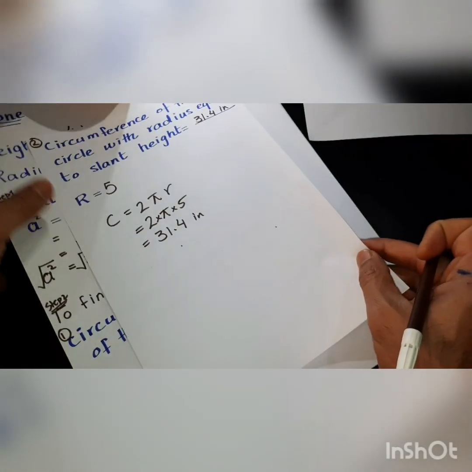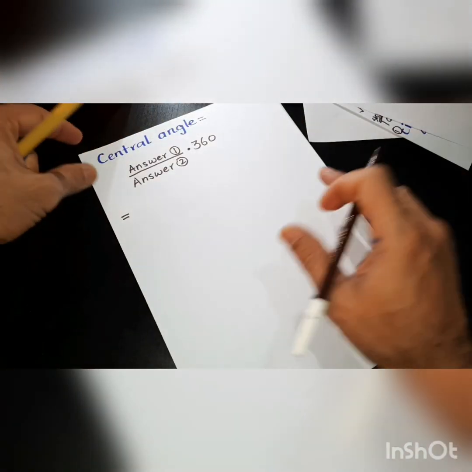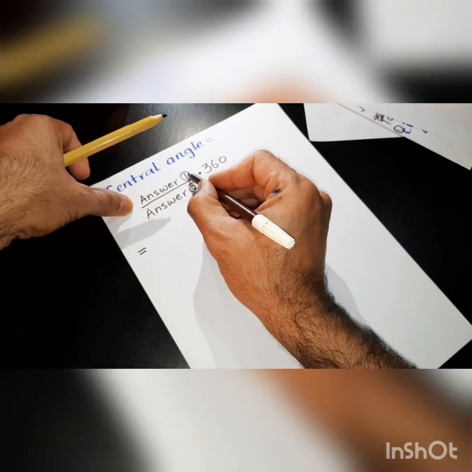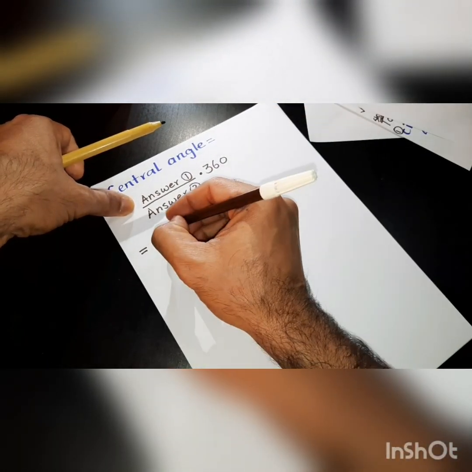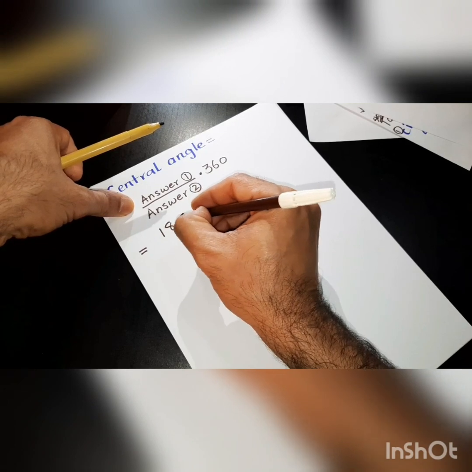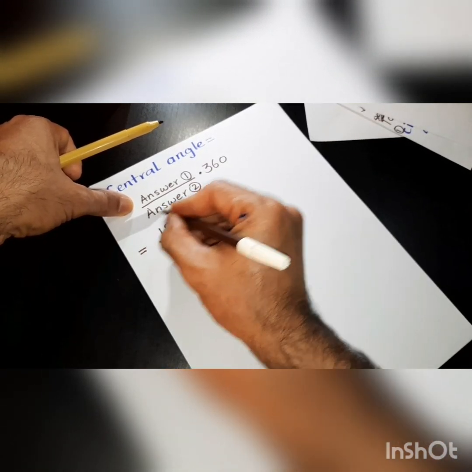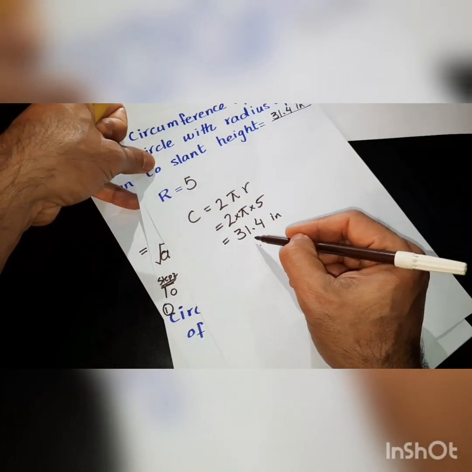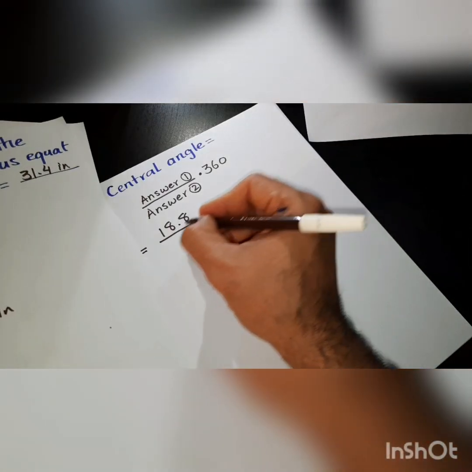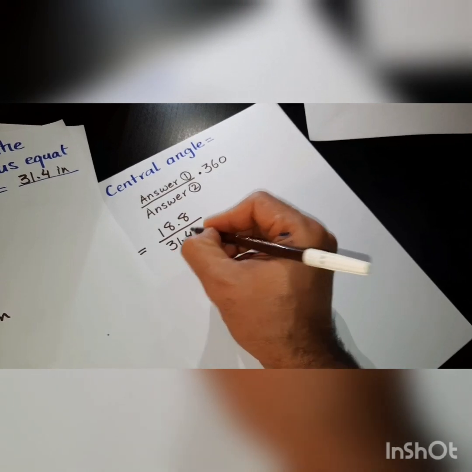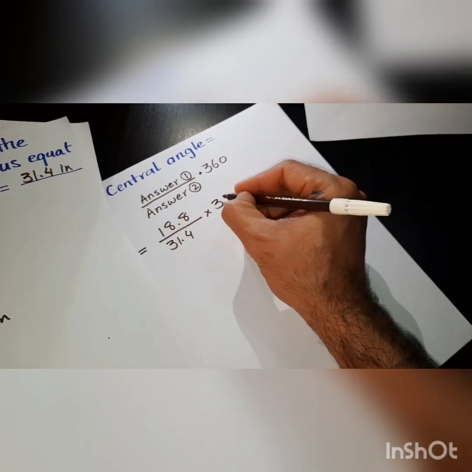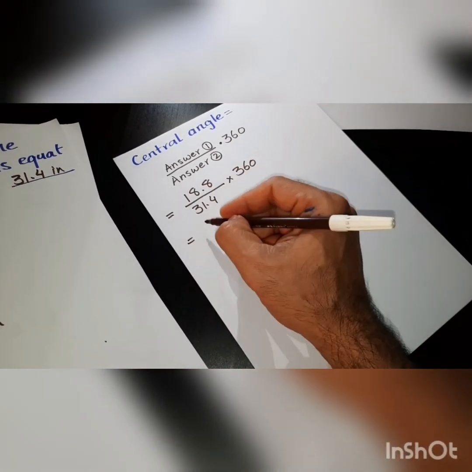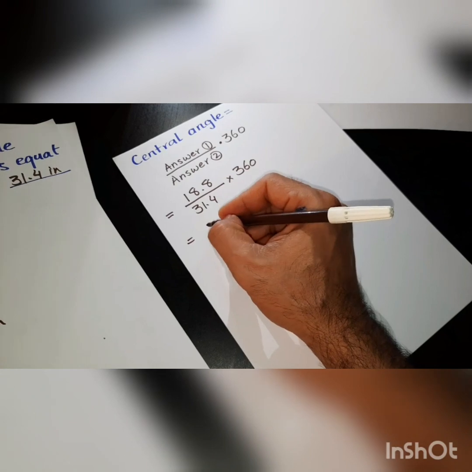The formula for the central angle is answer 1, which was 18.8, divided by answer number 2, which was 31.4 inches, times 360.